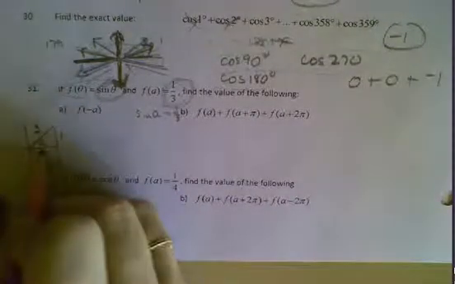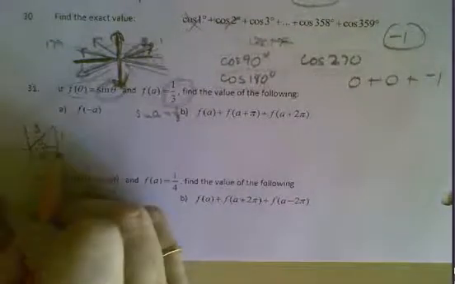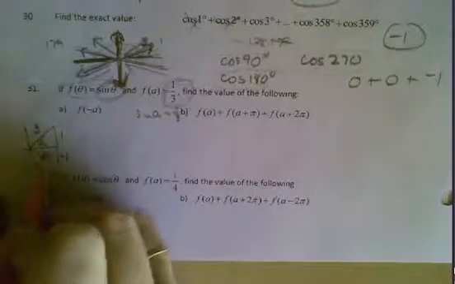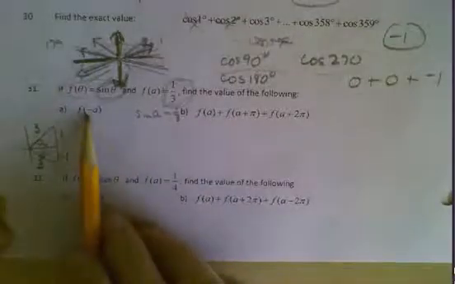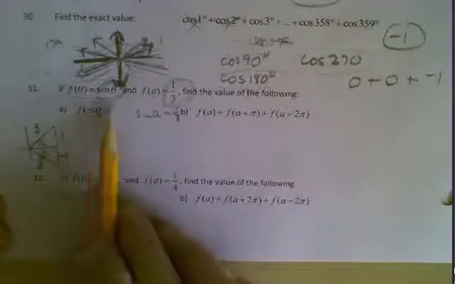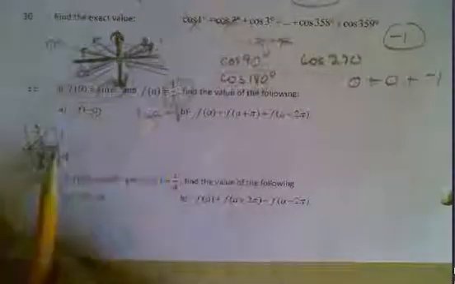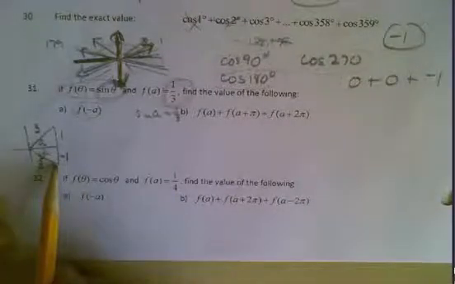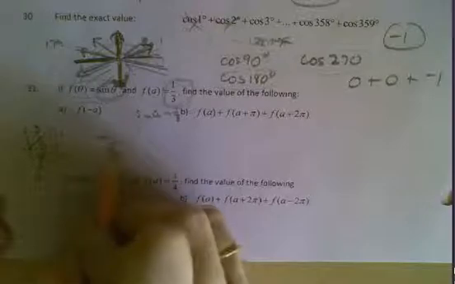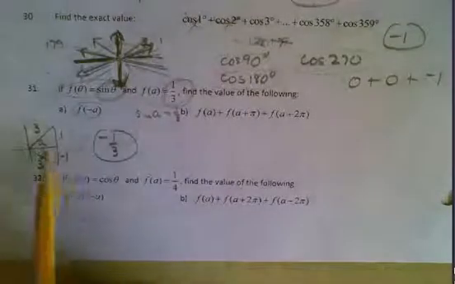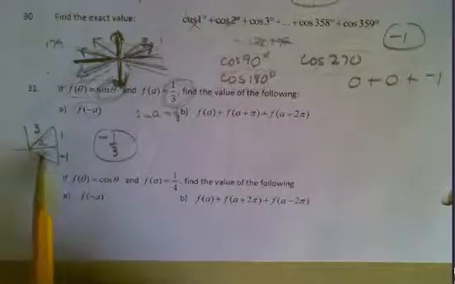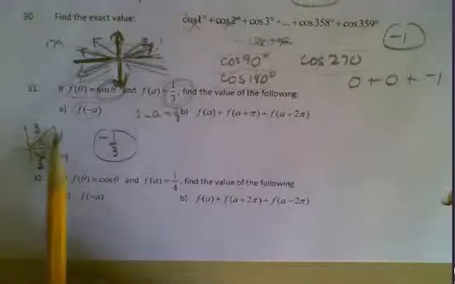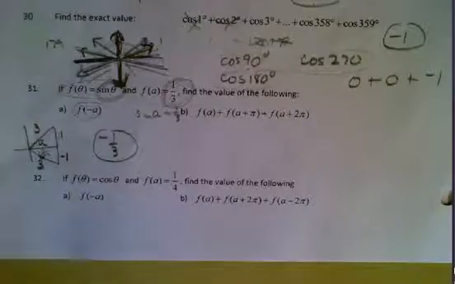So if negative a is down here, then I know that the y value is negative 1, the r value is still 3. So when it says what's f of negative a, it really means what's the sine of negative a? Well, the sine of negative a would be negative 1/3. So think about any angle you have here: when you take the sine of the opposite, that changes sign because it's going from positive to negative.